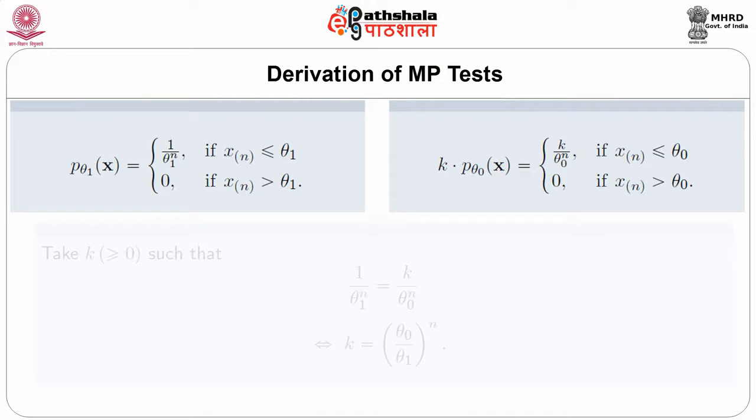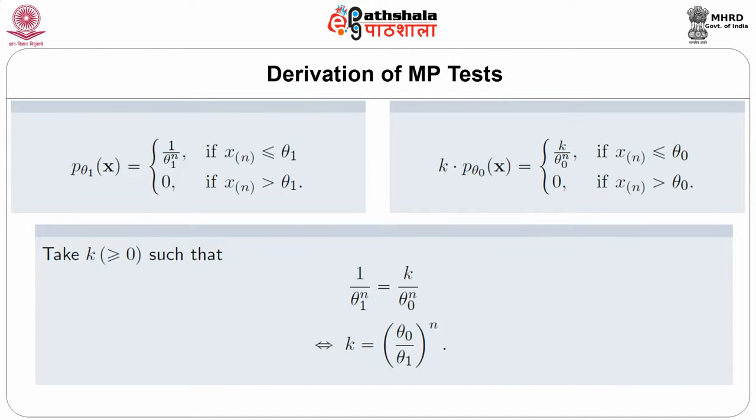Write k p_theta0(x), k is a constant: k by theta0 to the power n if X_(n) is less than or equal to theta0, and 0 if X_(n) is greater than theta0. Take k, a constant, non-negative, such that 1 by theta1 to the power n and k by theta0 to the power n are the same, and this reduces to k = (theta0 by theta1) to the power n.